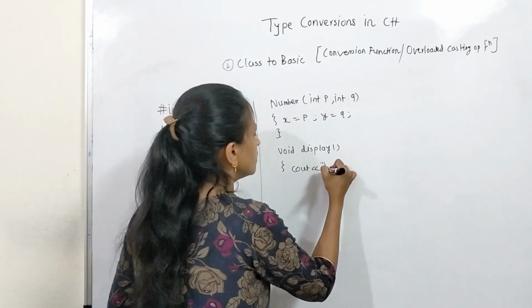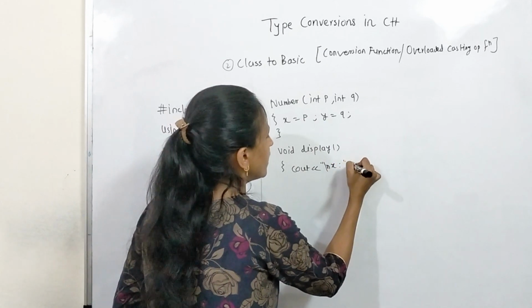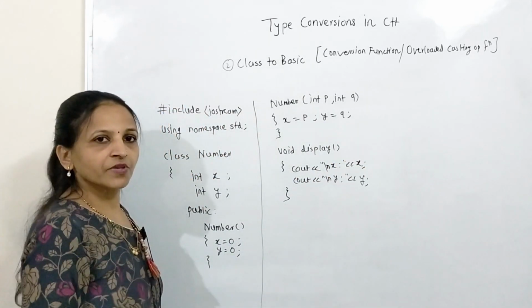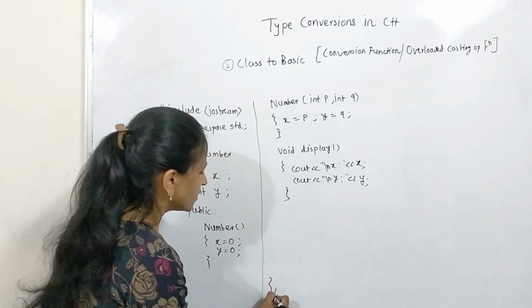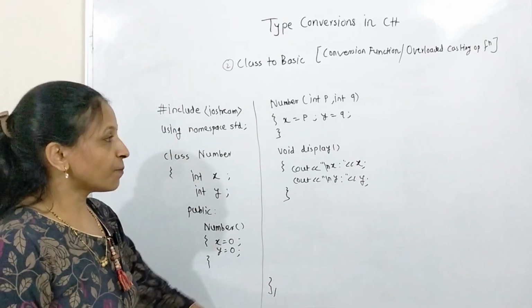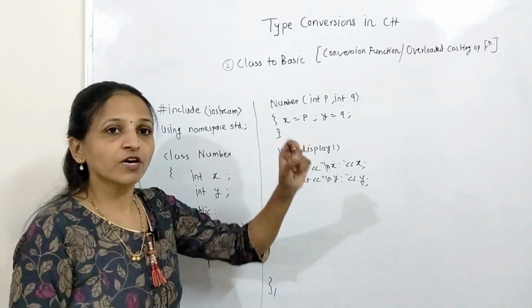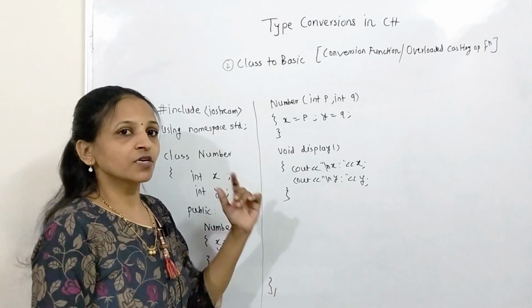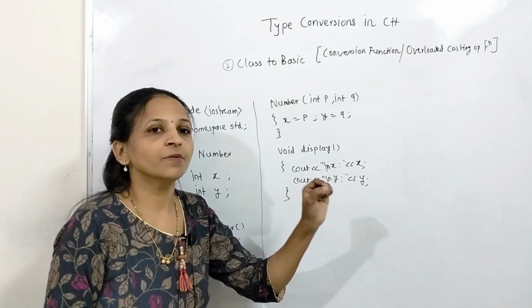Output x colon x and y colon y. That's it. Now I am closing the class. The remaining part we will see after main. We have to write the conversion function in this class to achieve class to basic type conversion.